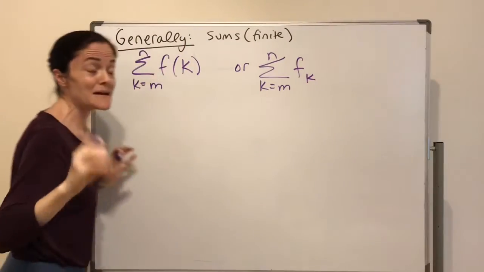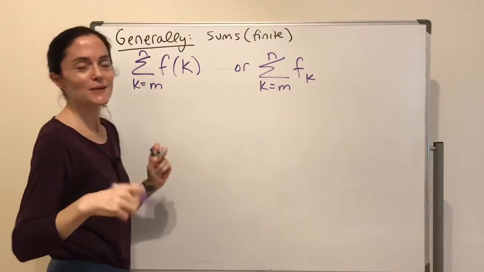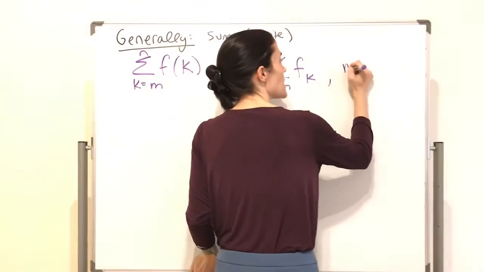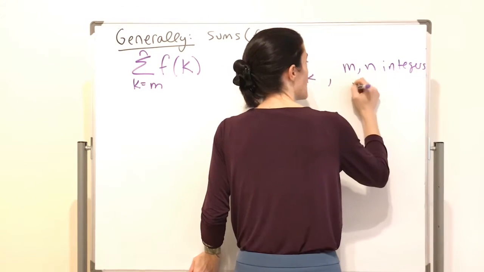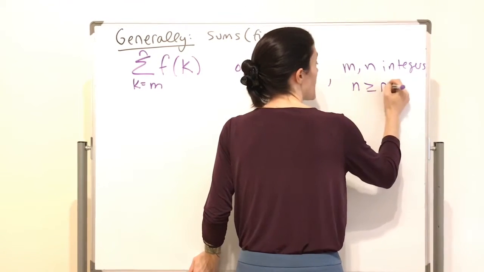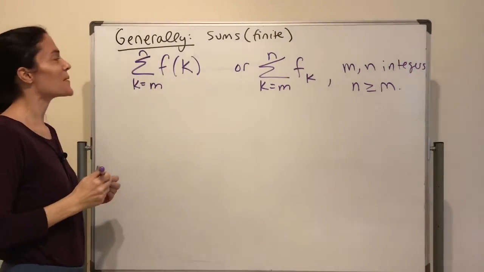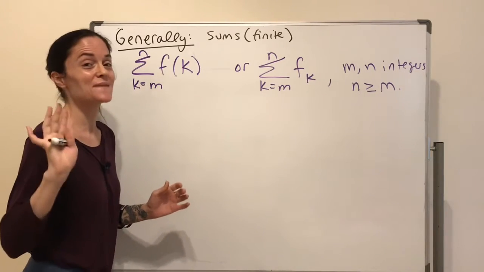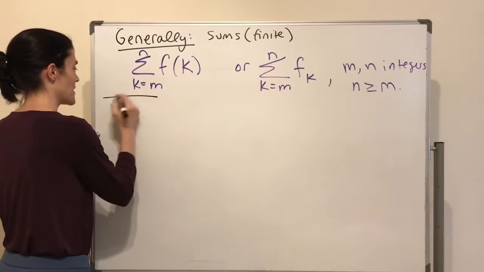So m, n are integers, and n is bigger than or equal to m. And this would be a more general finite sum. Let's discuss an important property of sums, and then I will also discuss a non-property of sums.